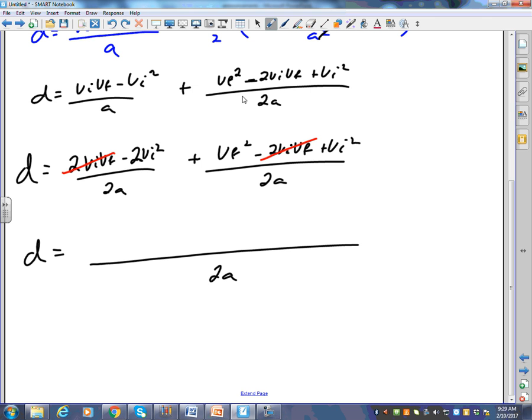Add them together. Minus 2 VI squared plus a VI squared minus VI squared. Should I put it out front? No one likes that, right? I'll put it over here. Minus 2 VI squared plus a VI squared is a minus 1 VI squared. And what's left? This guy right here. Look at that great big long line that I drew. And it all canceled down.